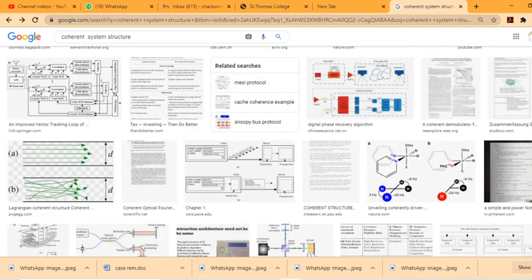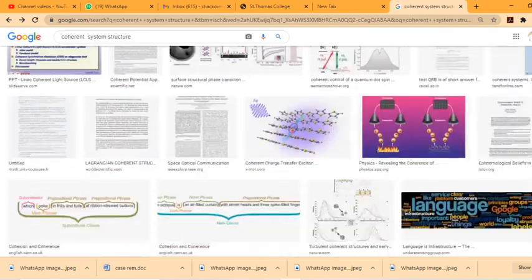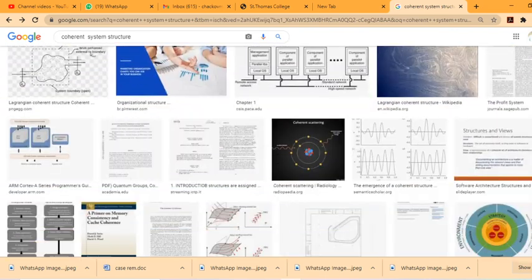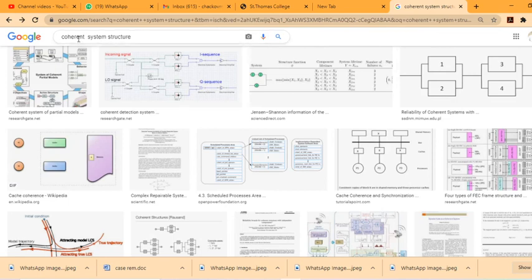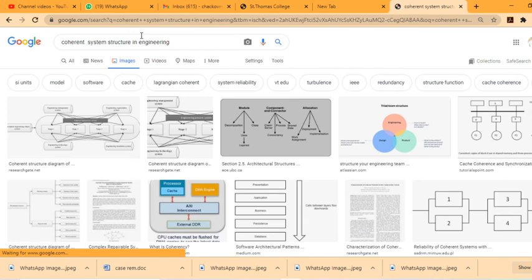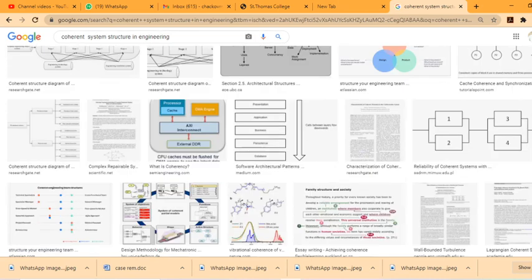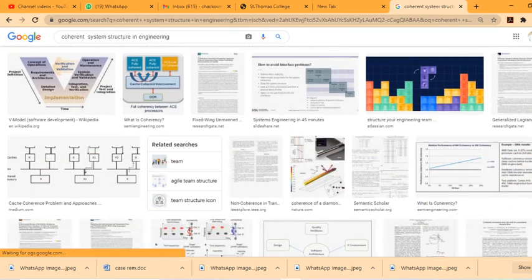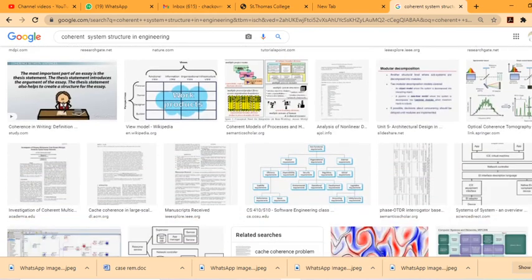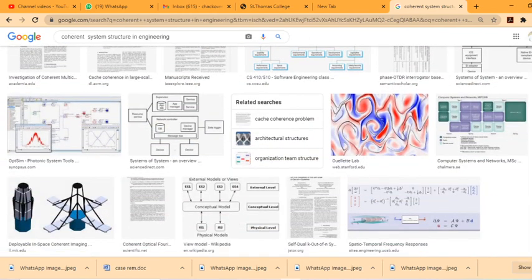And everywhere we can see this type of structure in engineering. Especially we use this type of minimal path and minimal cut in engineering analysis.